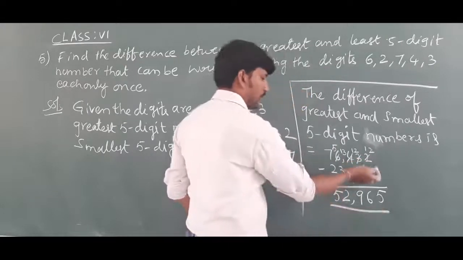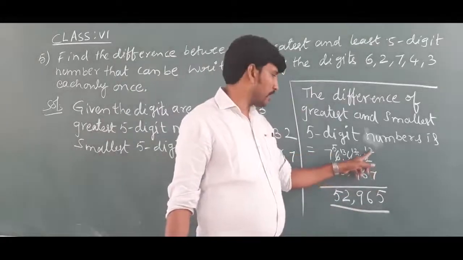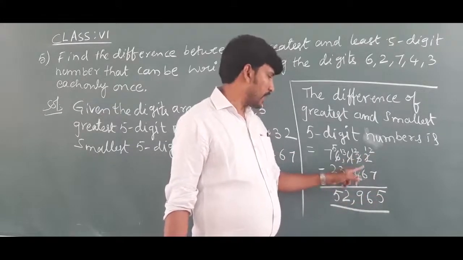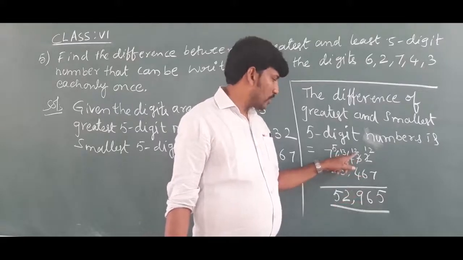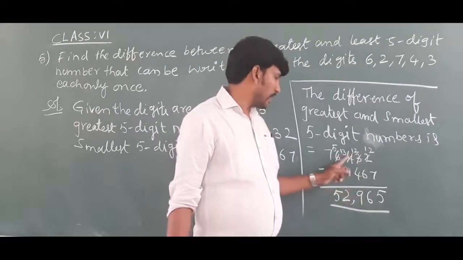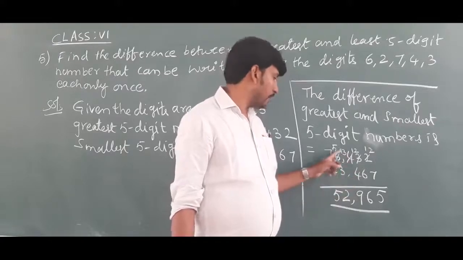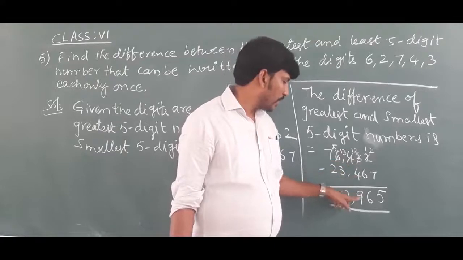Children, 2 minus 7 is not possible. Take the borrow. It will become 12. 12 minus 7 is 5. Next one is again 2 minus 6, not possible. Again take the borrow. It will become 12. 12 minus 6 is equal to 6. Again here 3 will be left. 3 minus 4 is not possible. Take the borrow. This is 13. 13 minus 4 is equal to 9.